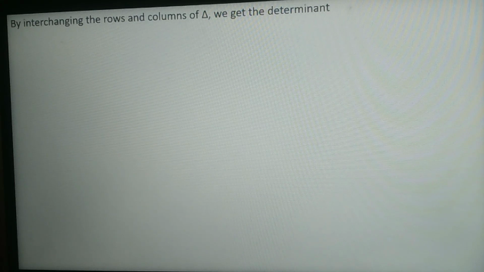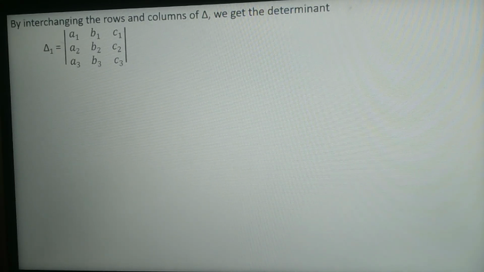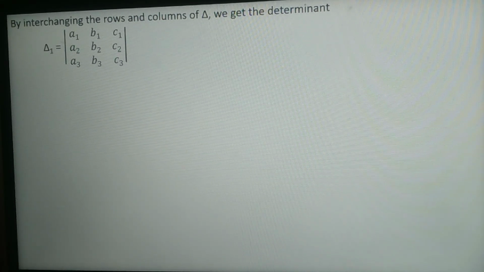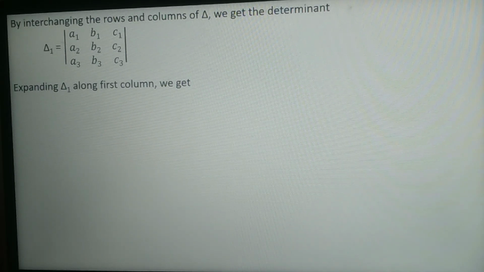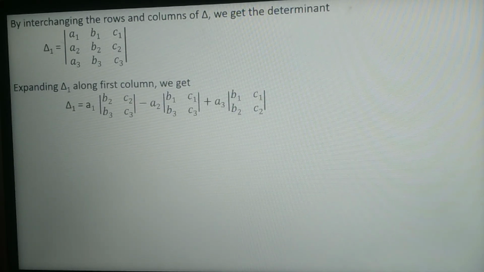Now, by interchanging the rows and columns of delta, we get the determinant delta 1, which is equal to determinant A1, B1, C1, A2, B2, C2, A3, B3, C3. Expanding delta 1 along first column, we get delta 1 is equal to A1 into determinant B2, C2, B3, C3 minus A2 into determinant B1, C1, B3, C3 plus A3 into determinant B1, C1, B2, C2.